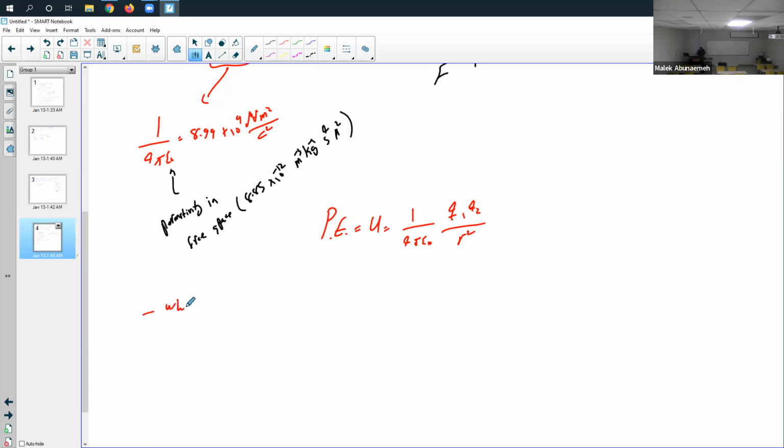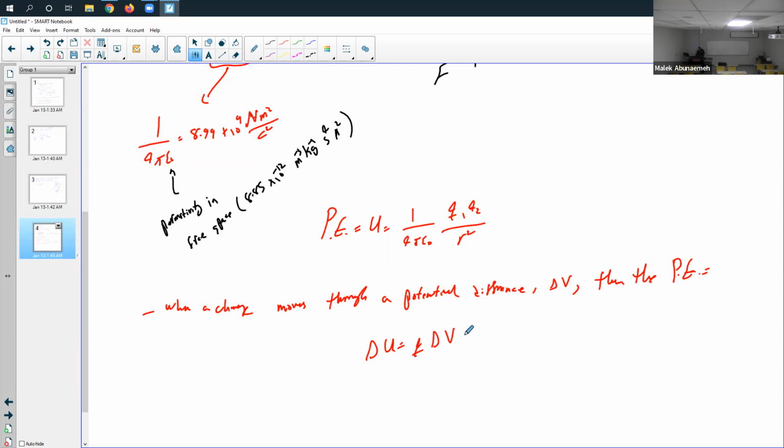Now, when that charge moves through a potential difference, delta V, which is basically your voltage, then the change in potential energy, delta U, is going to equal that charge times delta V. Now, again, let me go ahead and label these.